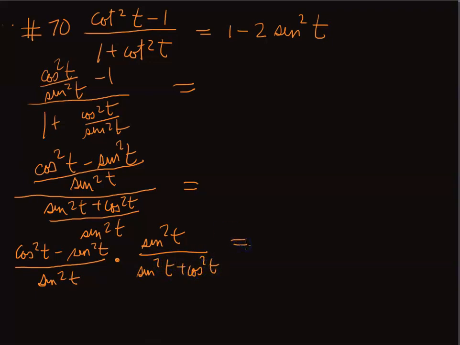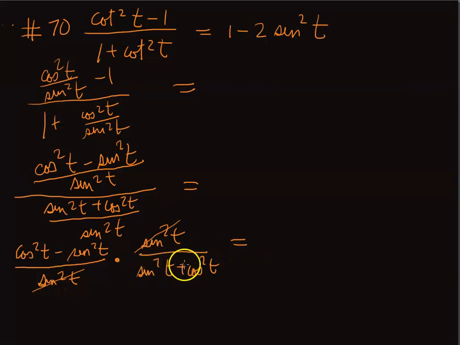Now, a lot of things can happen here. So, sine squared t's cancel. Put a line through those. That should show it. Don't scribble it out.